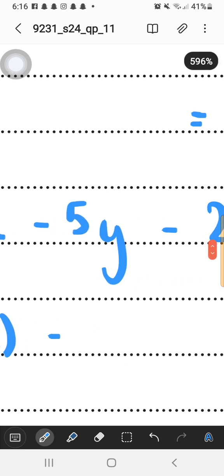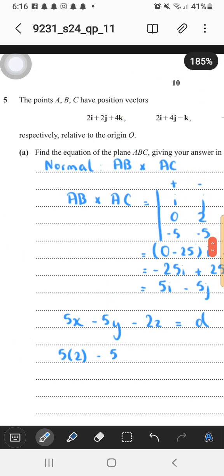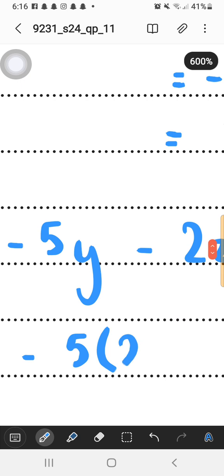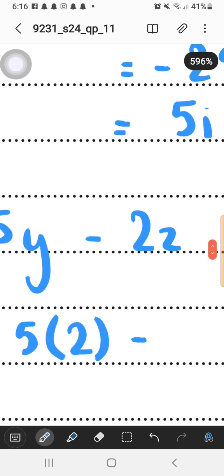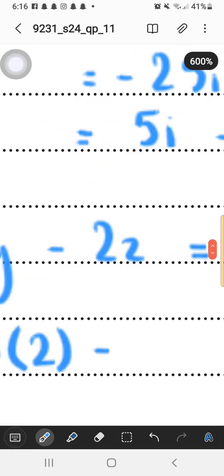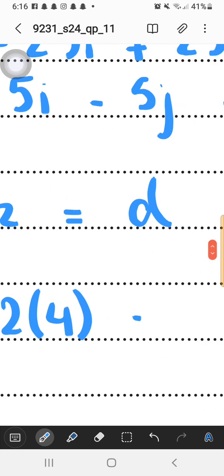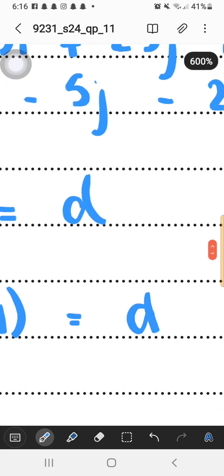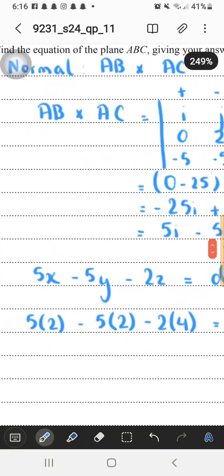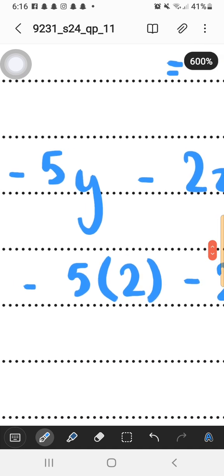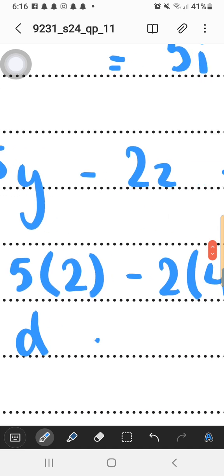So it is 2i, 5 multiplied by 2, minus 5y, there was 2j, so it is again 2, and minus 2z, so z will be 4, is equal to d. So 5 multiplied by 2 minus 5 multiplied by 2 will get cancelled and d will become negative 8.